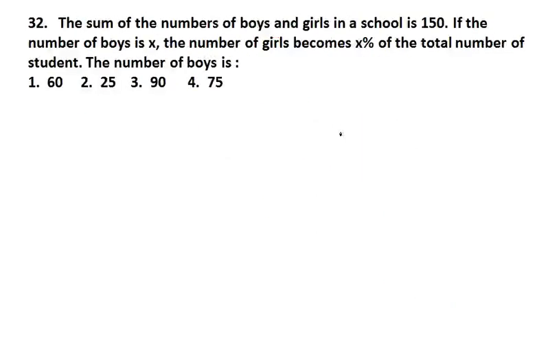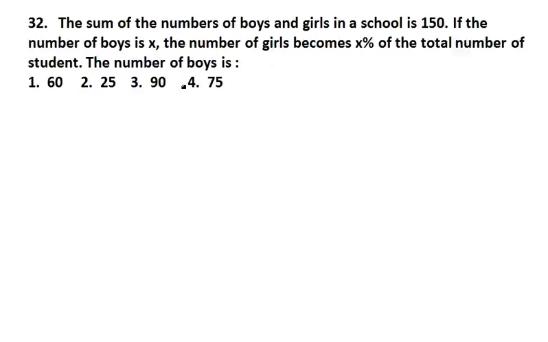Question number 32. The sum of the number of boys and girls is 150. Means total is 150. If the number of boys is x, then the number of girls becomes x% of the total number of students. The number of boys is, this is a very basic understanding question.